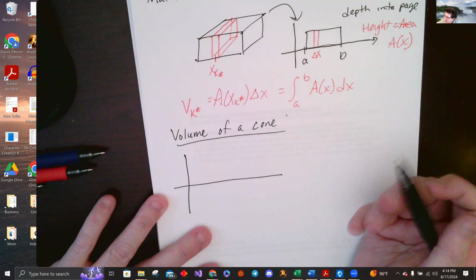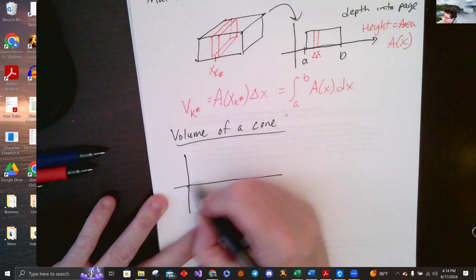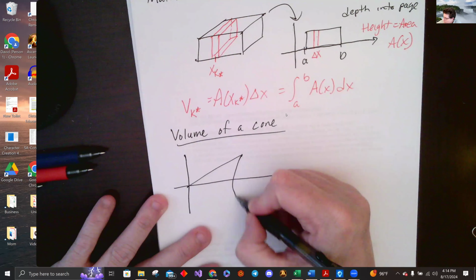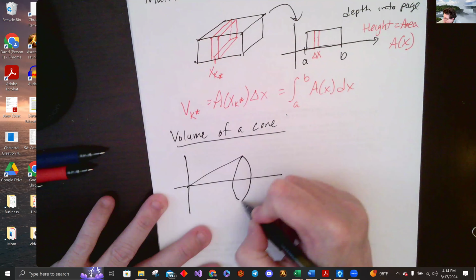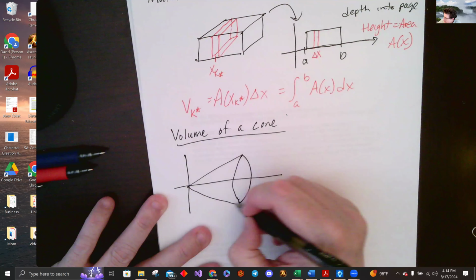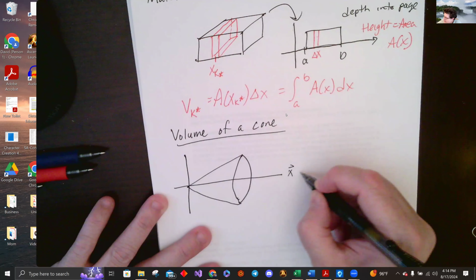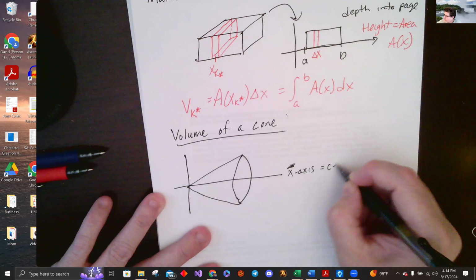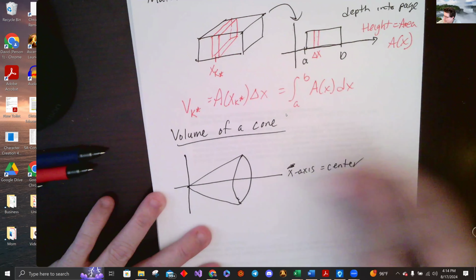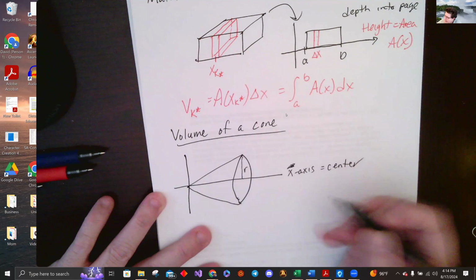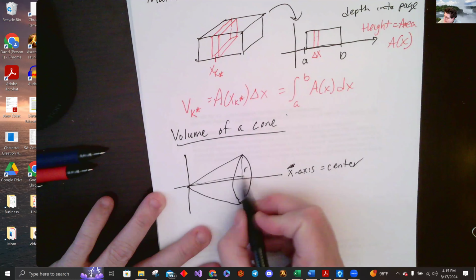I'm going to have a cone like this, with the x-axis right down the center. This is a radius r and a height h.